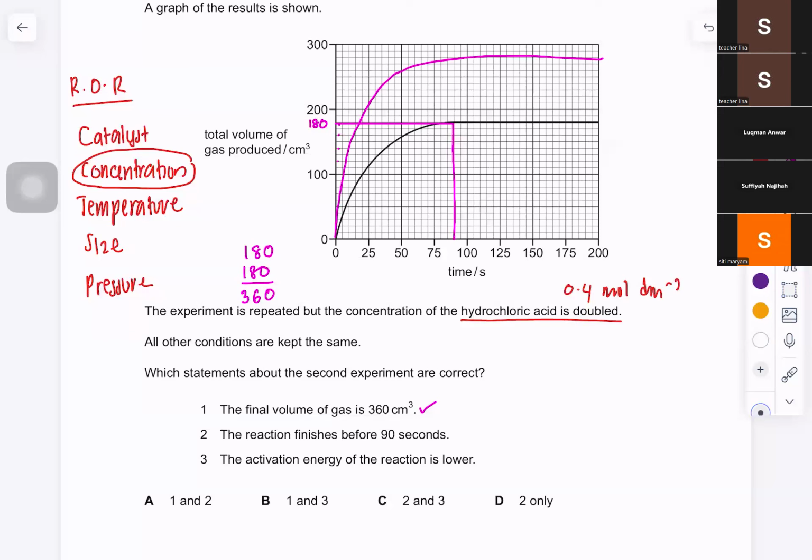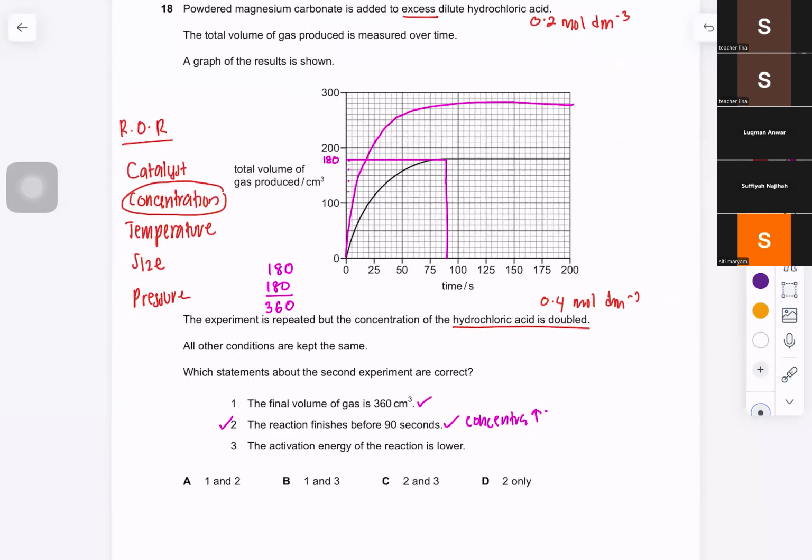Okay, so the reaction finish before 90, yes, because concentration is high. Alright, because the concentration is high. Okay, and then number 2 memang confirm correct that one, number 2. Okay, so number 2 is confirm correct that one. Okay, so, is it clear, sir?